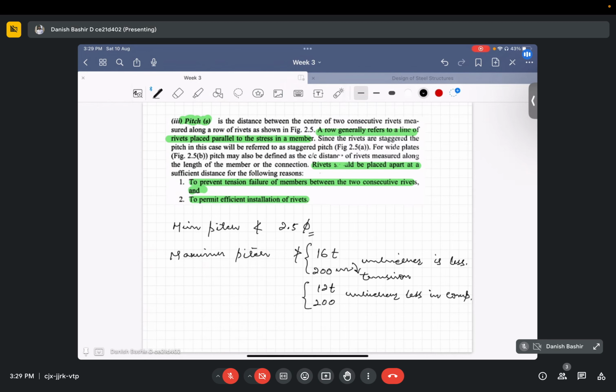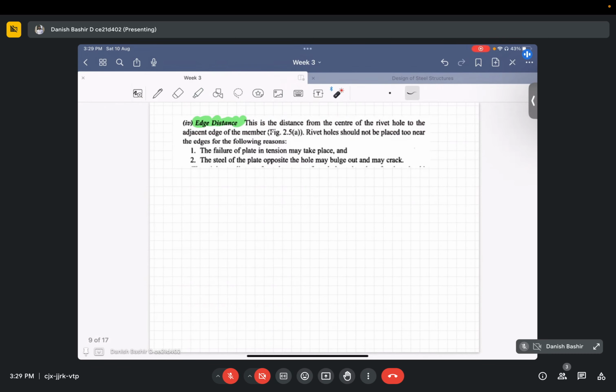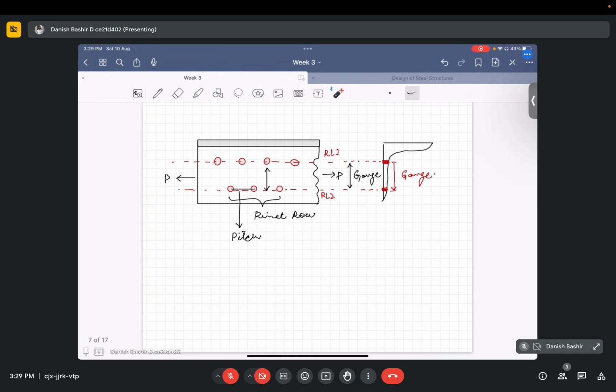Then there is one more thing, edge distance. Edge distance is the distance from the center of the rivet hole to the adjacent edge of the member. So here, if this is the center of the rivet hole and this is the adjacent edge, this distance is called the edge distance. I will mark it here.